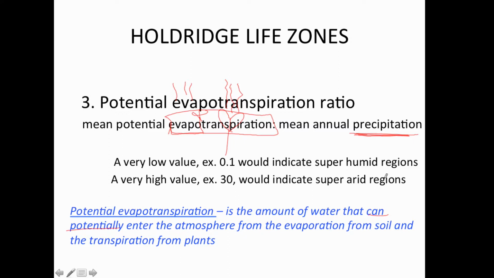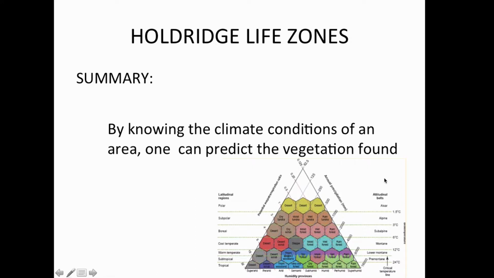And so these three variables then work together to create this system of organizing ecosystems. And so in any particular place on the planet, you can collect this climate data and then determine what type of vegetation you might find there. And you can see that in his system, he's got rain forests versus wet forests versus moist forests, whereas rainforests would receive, relatively speaking, the most precipitation.